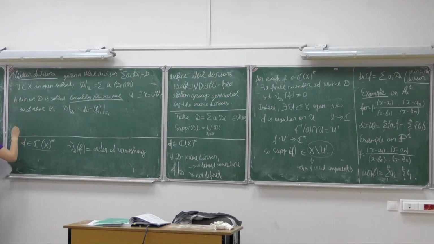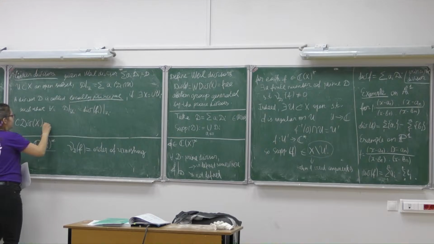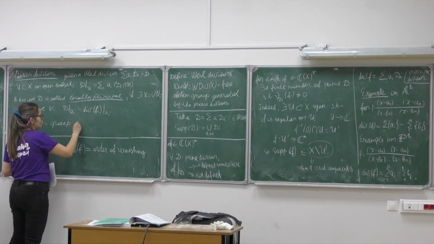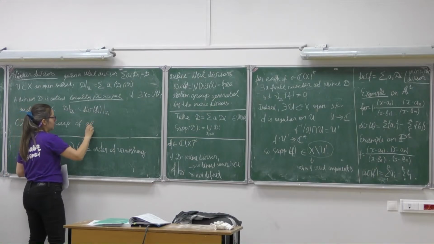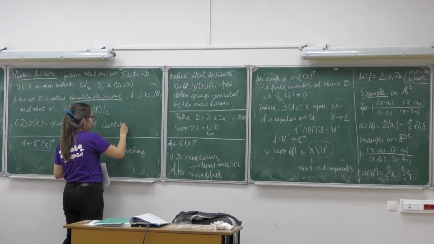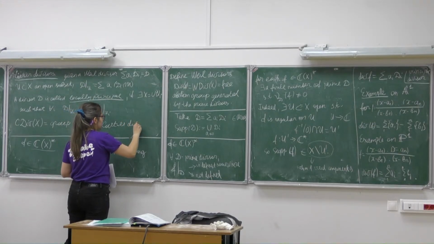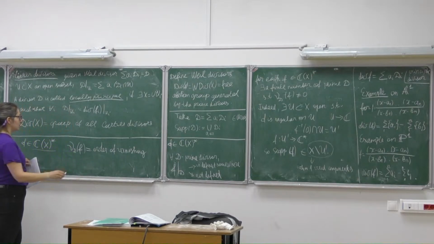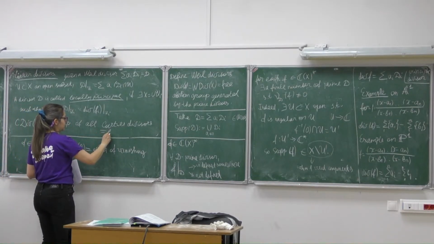So CD(X) is the group of all Cartier divisors which are locally principal.